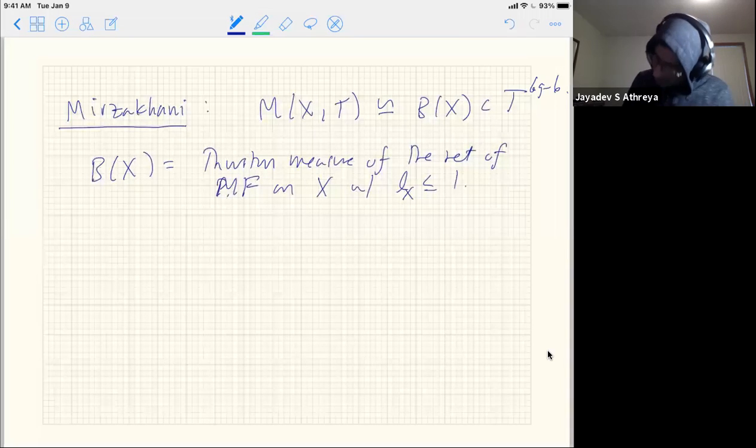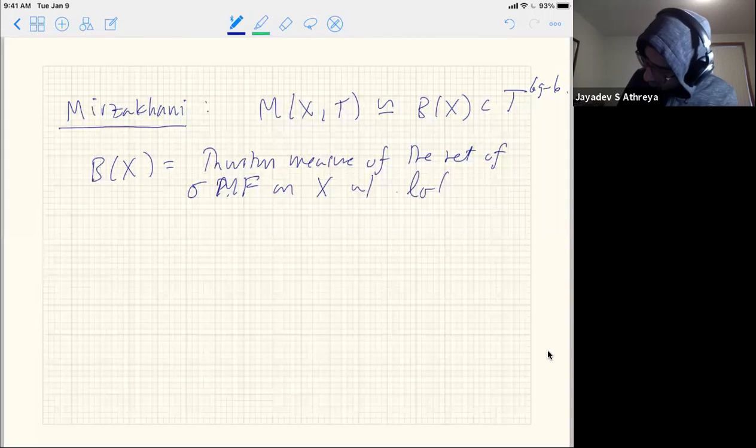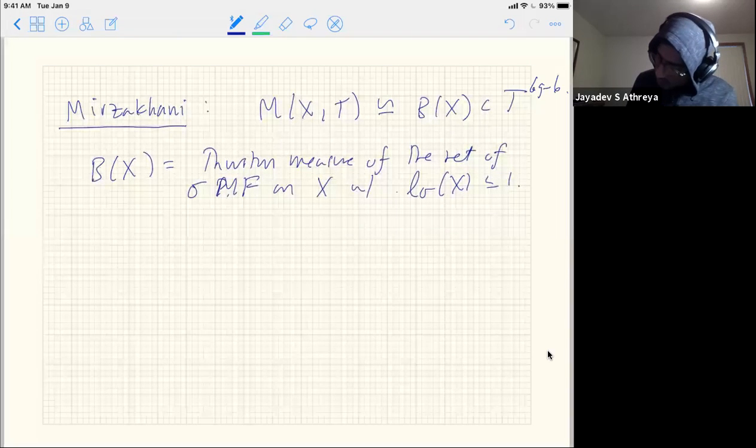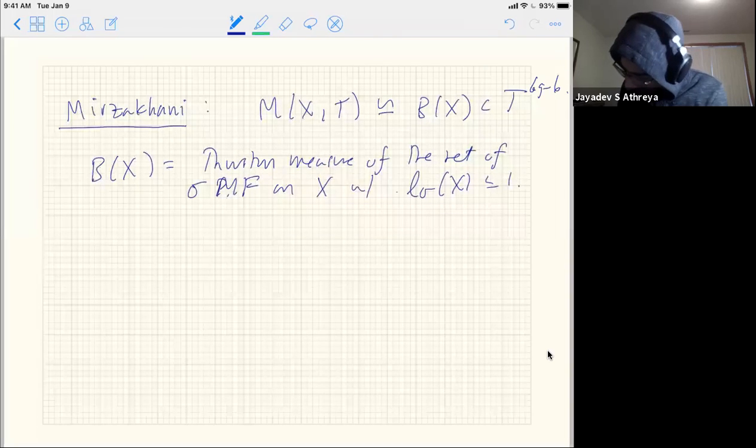So measured foliations, maybe I'll call them sigma, with L sigma of X less than or equal to 1. So what is the set of measured foliations? What is this notion of length of a measured foliation on a hyperbolic surface?